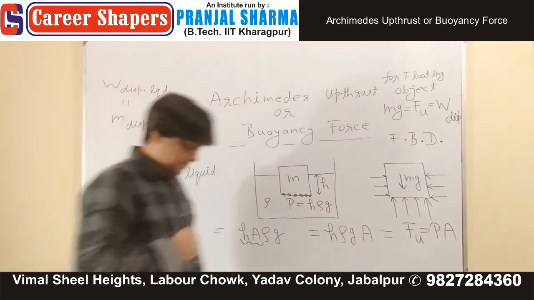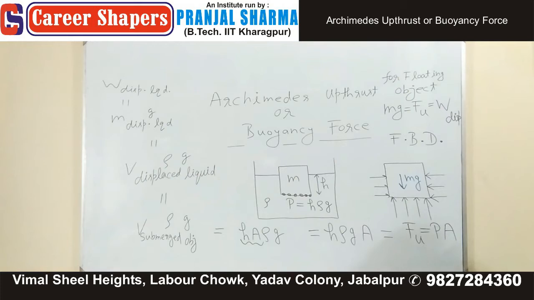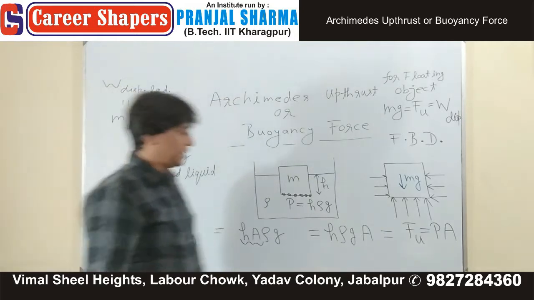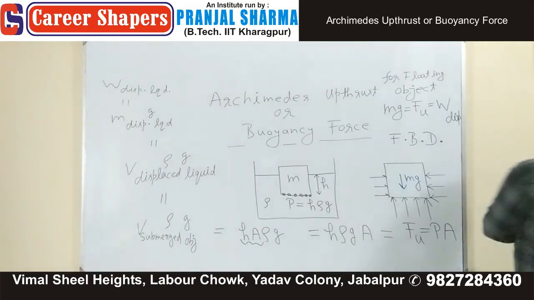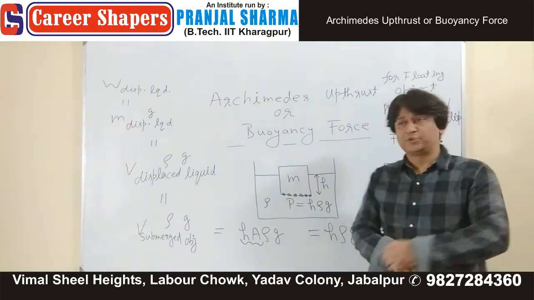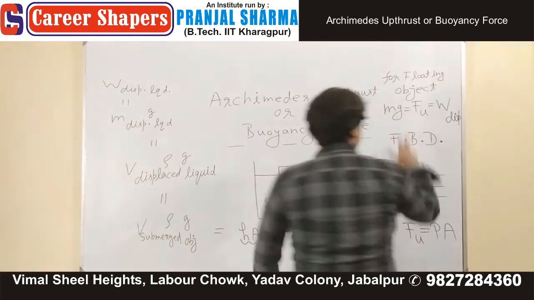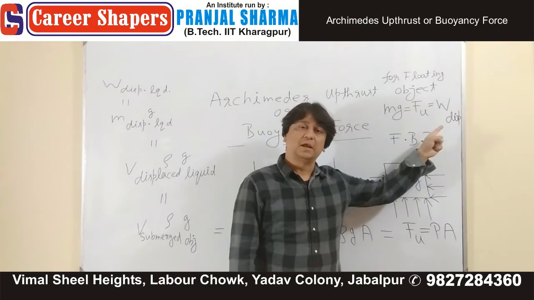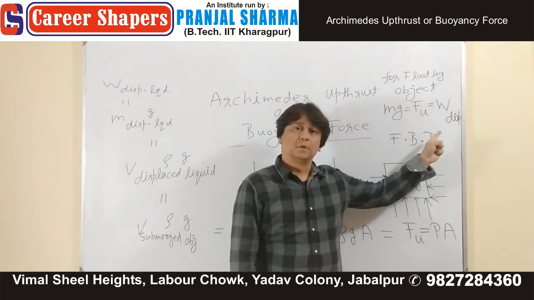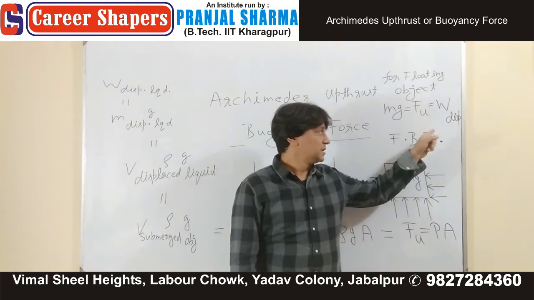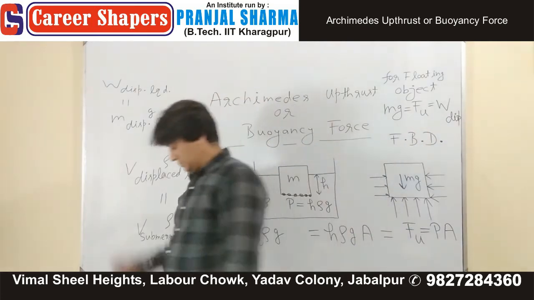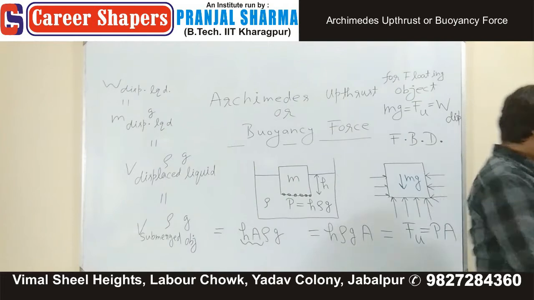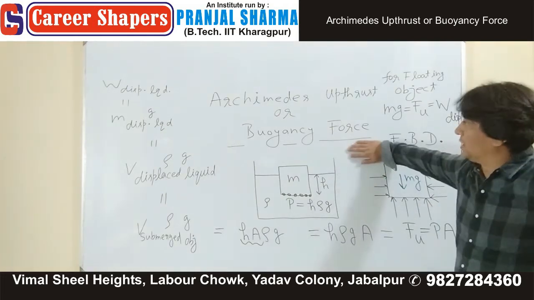So, what is upthrust? Submerged volume of the object into density of liquid into g. Next line: but if the object is floating, then weight of the object should be equal to weight of displaced liquid.